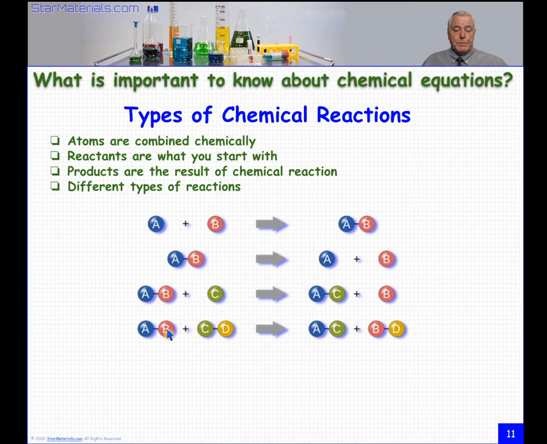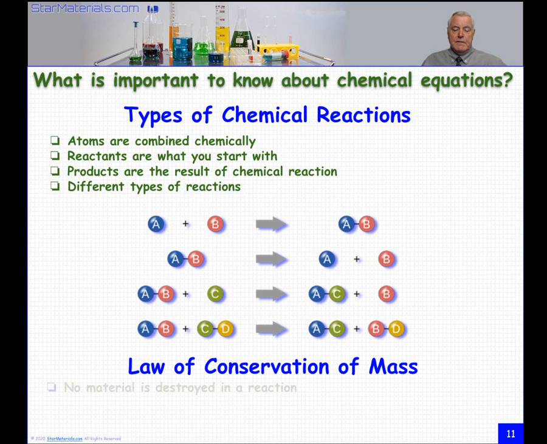A is with B, C is with D. You have a chemical reaction. Chemical A combines with C and B combines with D. These are typical chemical reactions.